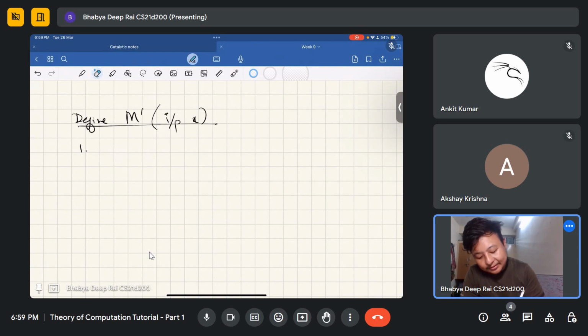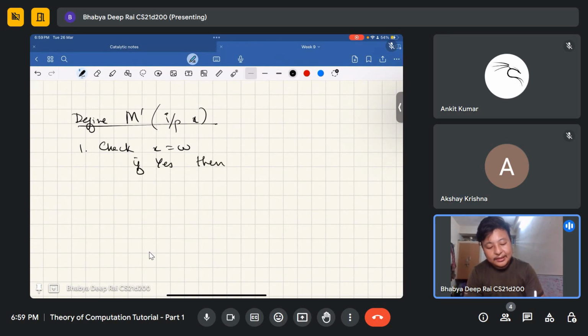First, what you want to do is check if X equals W. If yes, then accept. Else, run M on X, and if M accepts, then accept.